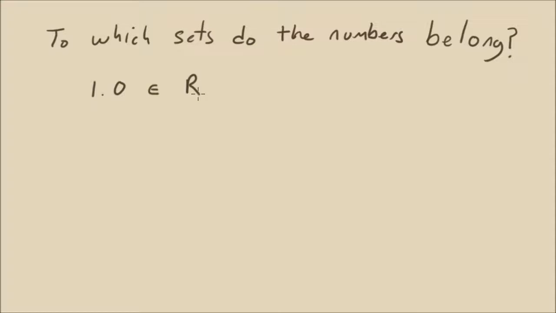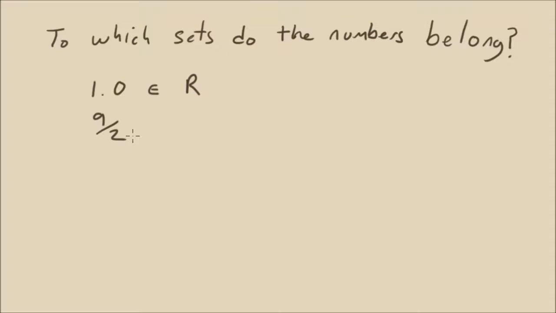If you were to say it was an integer, I'm probably not going to mark it wrong unless I'm specifically looking for something. But in the broadest sense of the term, that one is only a real number.